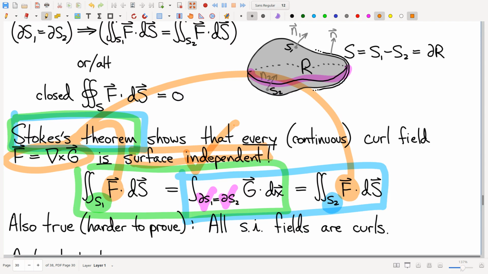By the way, I have a suggestion, something you can think about spending a couple of minutes looking at. I'm a big believer in compare and contrast. When things are somewhat analogous, you want to see in what ways they are the same and in what ways they are different. Look back at how we previously used the fundamental theorem of line integrals to show that gradients were path independent. That's in the lecture notes.